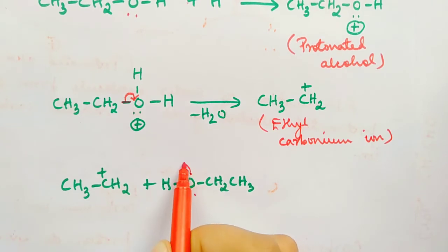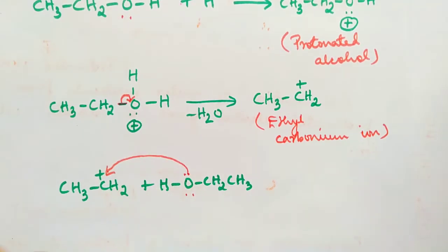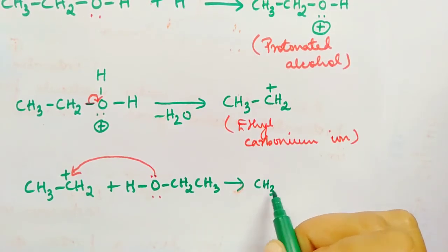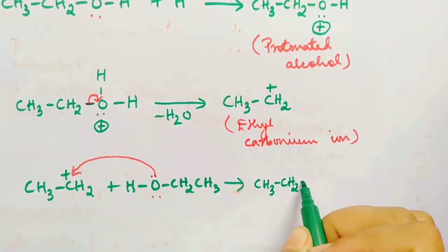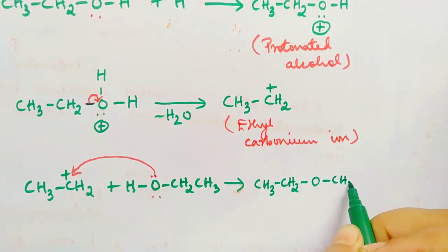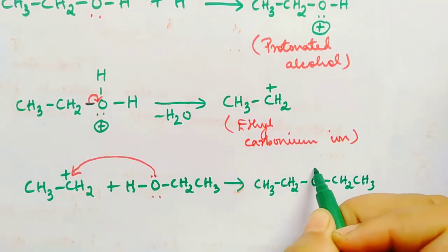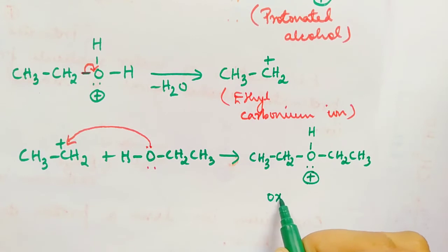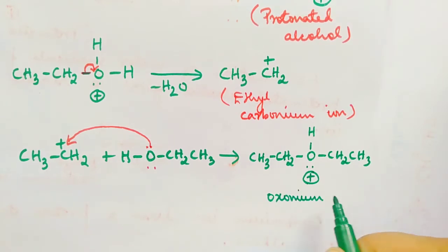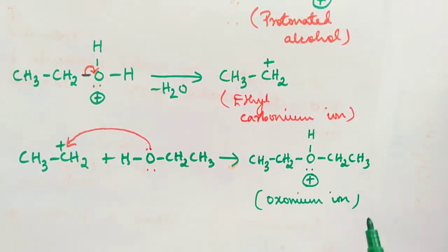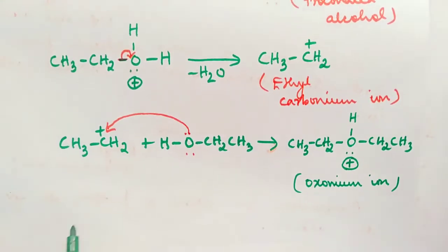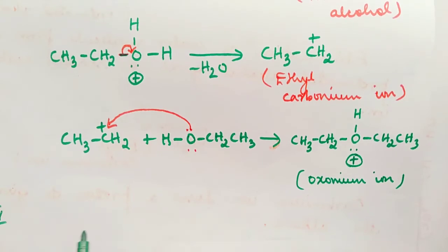So these two electrons form a bond with this positively charged carbon. And so we have CH3, CH2, OCH2, CH3. Now here we have a bond and we have one lone pair with a positive charge. This is your oxonium ion, okay?